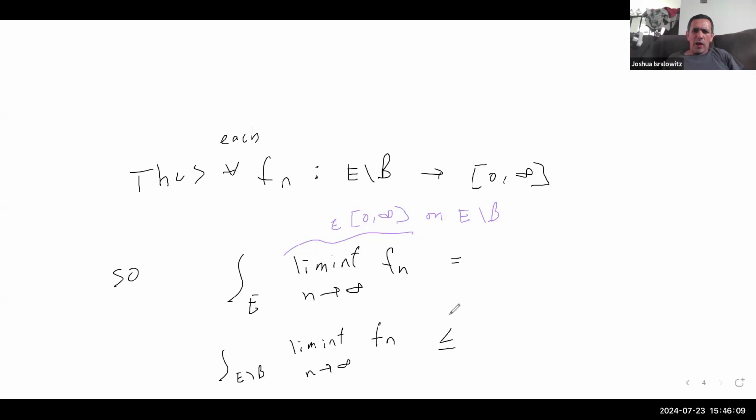So now I can use Fatou's lemma, what I just had up. This is less than or equal to the lim inf.